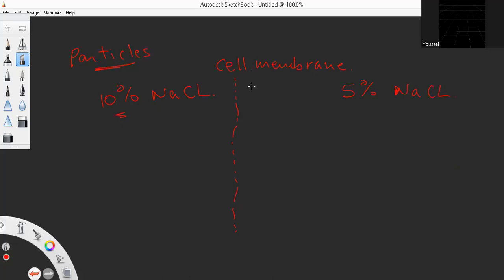This membrane, the cell membrane, is called a semi-permeable membrane. In some cases, they call it a selective membrane.